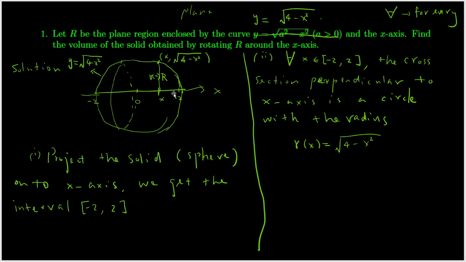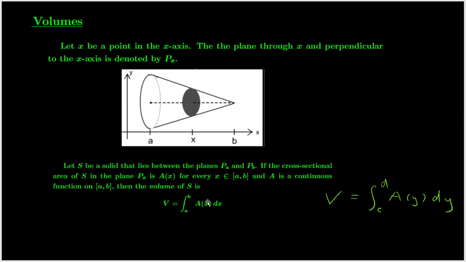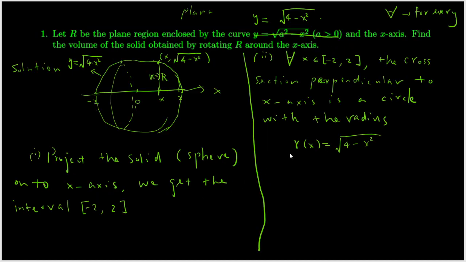You use a knife to cut the solid perpendicular to the x-axis. The cross section is a circle. We need the area of the cross section in order to set up the integral, right? To get the area of the circle, we need the radius, right?